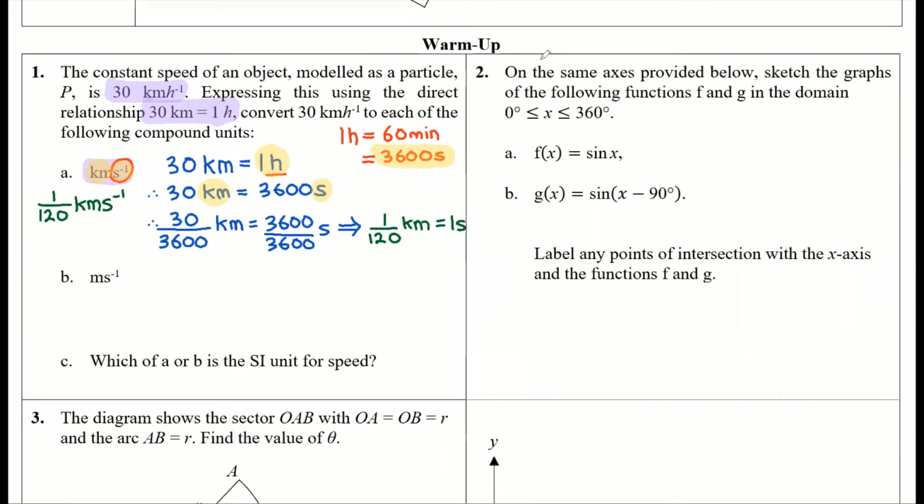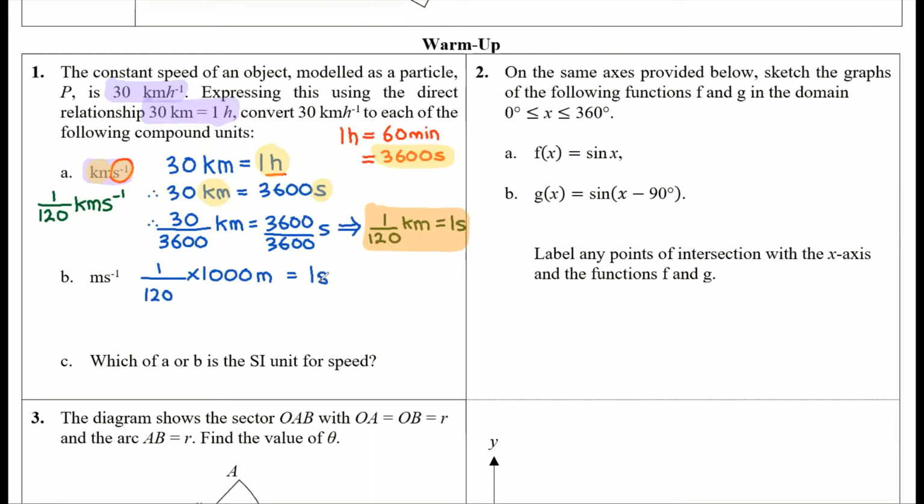So if I take this answer here, it's a short step, isn't it, from changing kilometers per second into meters per second. So all I need to do for the next part is to change my kilometers into meters. So to do that, I've got 1/120, and we know that 1 kilometer is 1,000 meters. So if I multiply that by 1,000, that's going to be in meters, and that's going to equal 1 second.